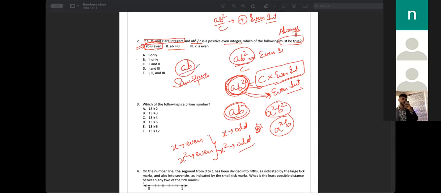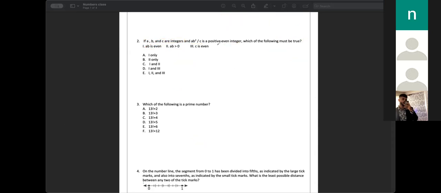Yes, so the product of two numbers A into B is positive when they have the same sign, either both of them are positive or both of them are negative, right? Yes, sir. So saying that it is positive, we are talking about the signs. Do we know whether both of them will have the same sign?